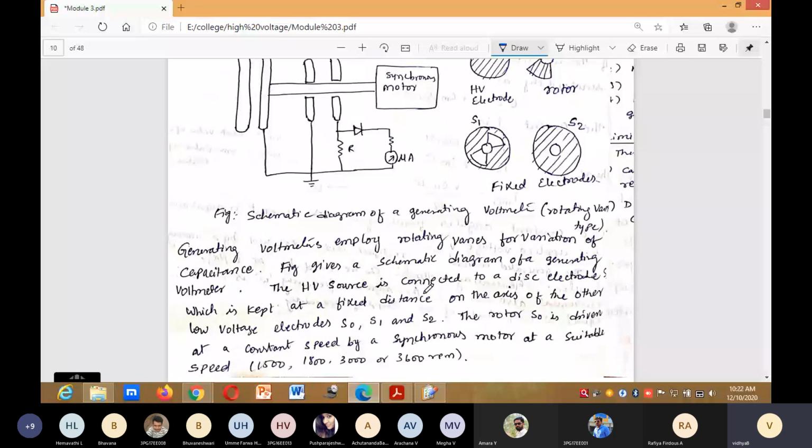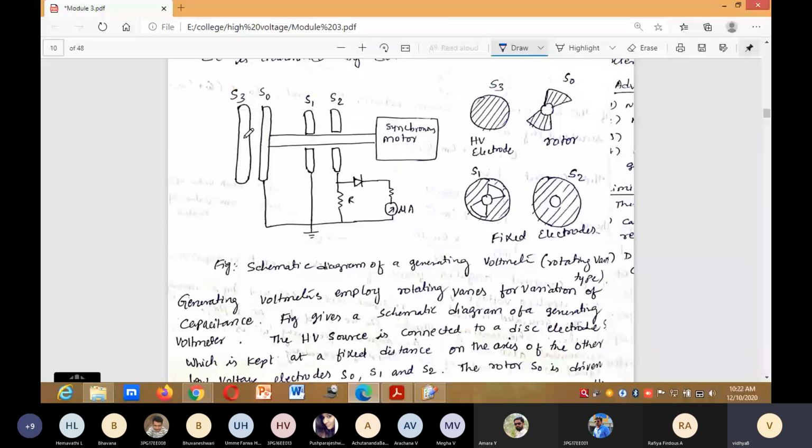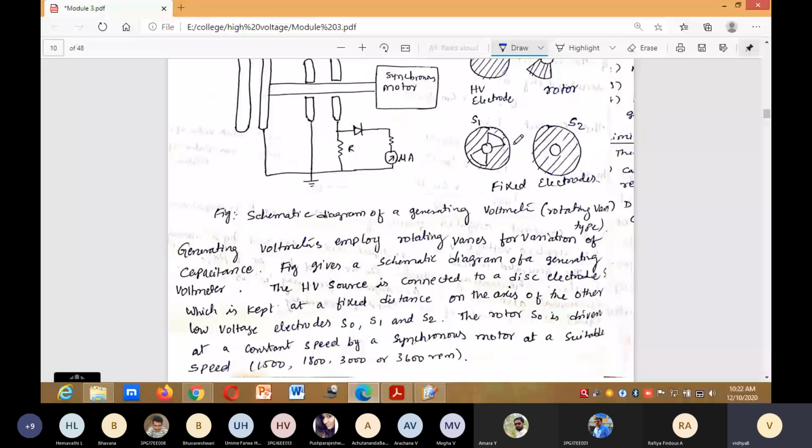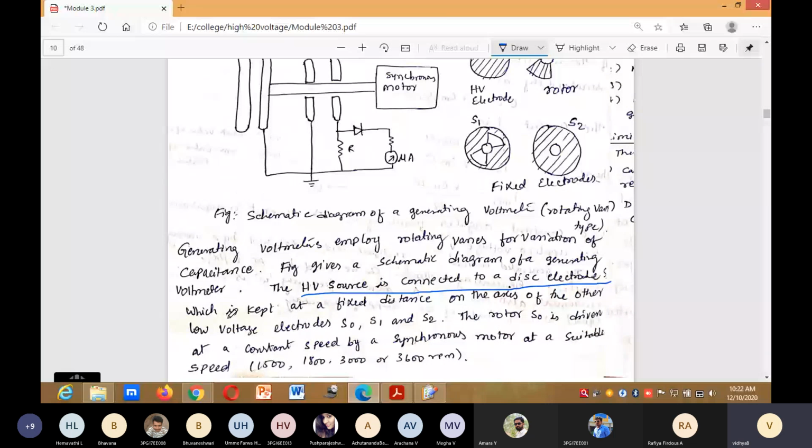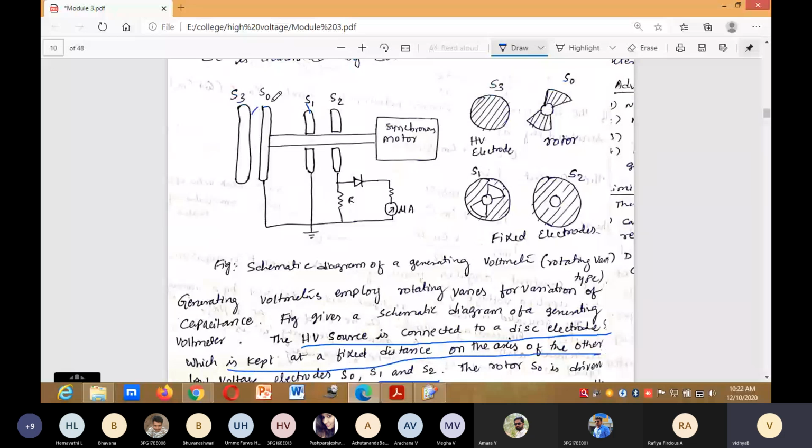The HV source is connected to a disc electrode S3, which is kept at a fixed distance on the axis of the other low voltage electrodes S0, S1 and S2. These are connected to a synchronous motor.